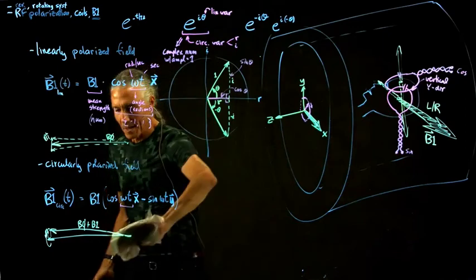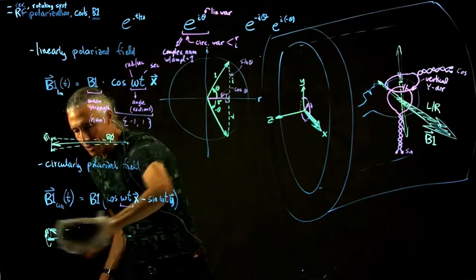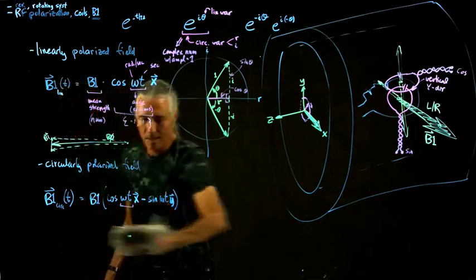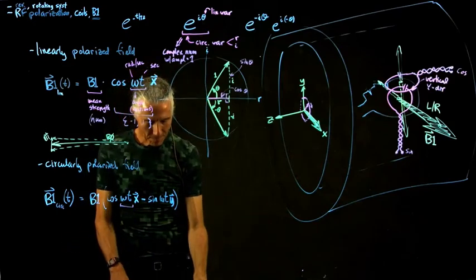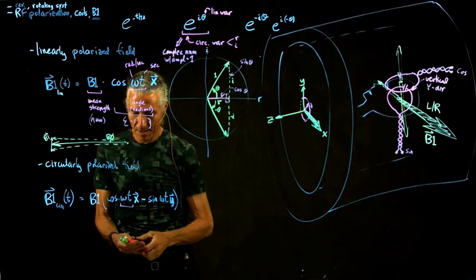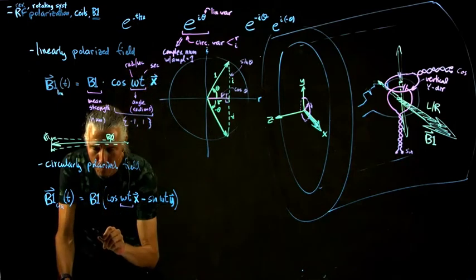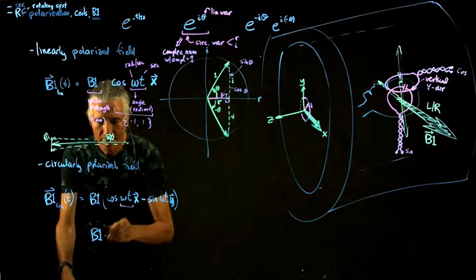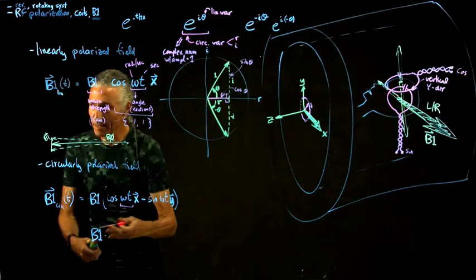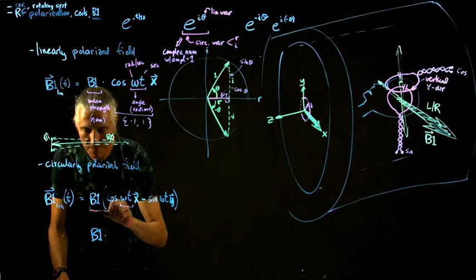So one way of writing this out that you'll see all the time is we just take b1, still a real number. So this guy is just a scalar, just a real number.